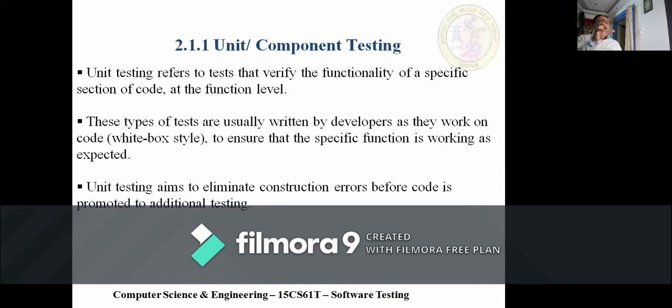Suppose you're writing code for issuing a book in the library, for example. In that code, whether we are able to issue a book or receive a book. If you're writing code for receiving a book, whether you're able to issue a book to a student or not, you need to check that. That is the functionality. So in unit testing, we verify the functionality of a specific piece of software. We call that functional level testing.